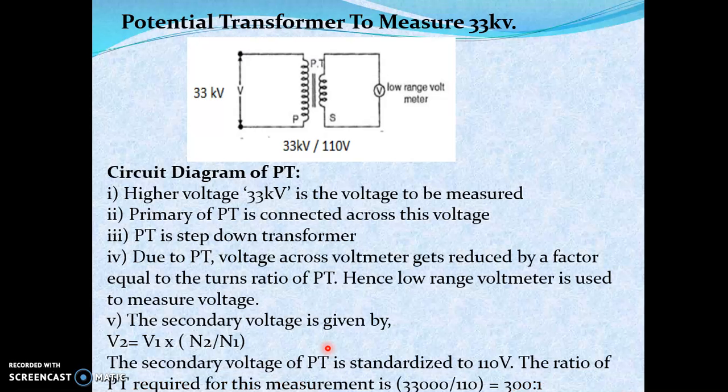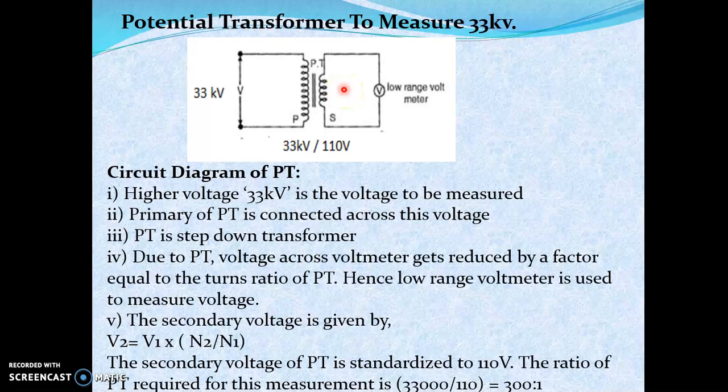So next is potential transformer to measure high voltage, such as 33 kV range. So a 33 kV line is connected across the primary of the transformer. Secondary is step down, that is secondary has a smaller number of turns.